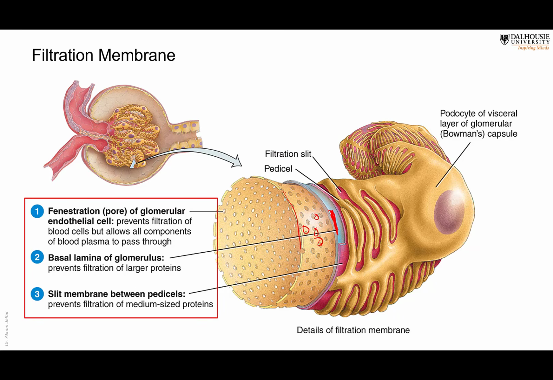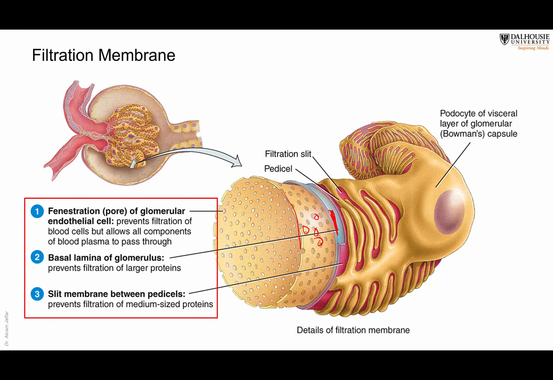If this system becomes pathological, like in a condition called glomerulonephritis, inflammation of the glomerulus, then you would expect the patient to present with hematuria, because even red blood cells can leak and will be excreted in the urine. So the urine will become red-colored or pinkish in color.